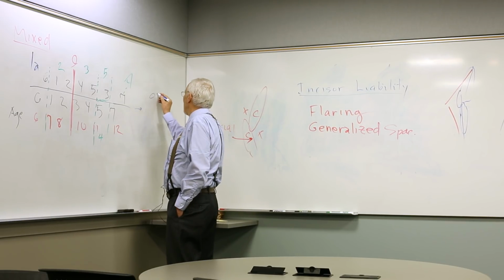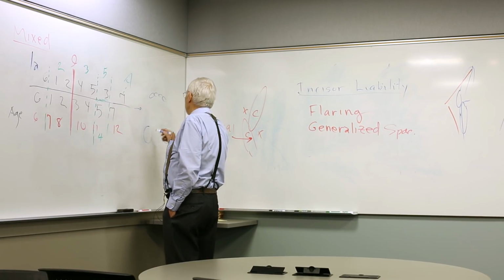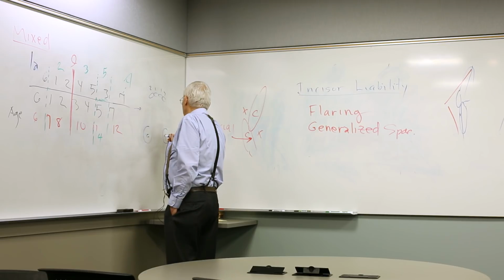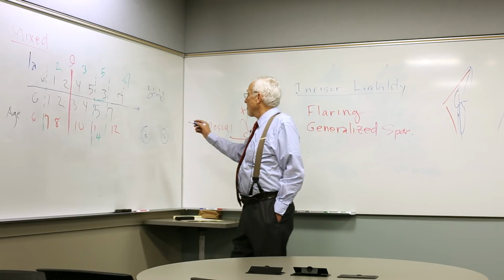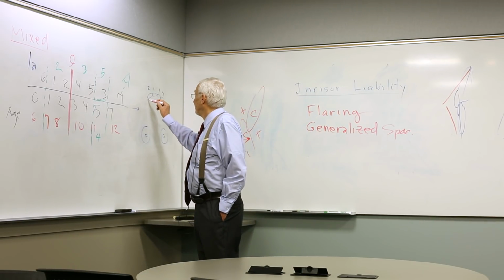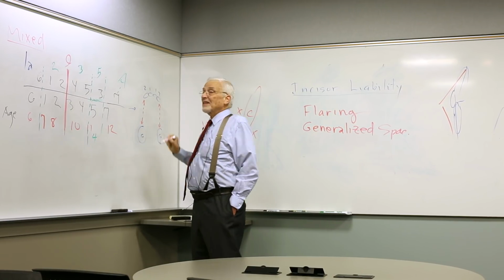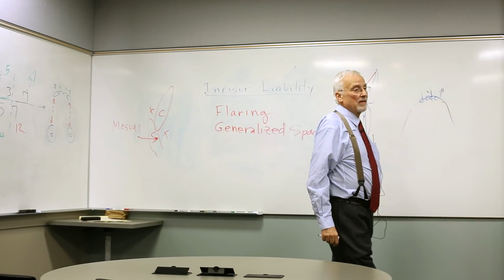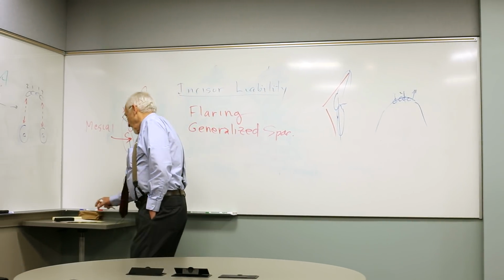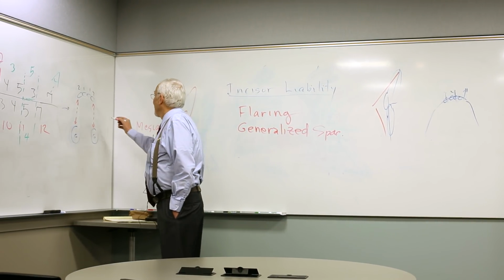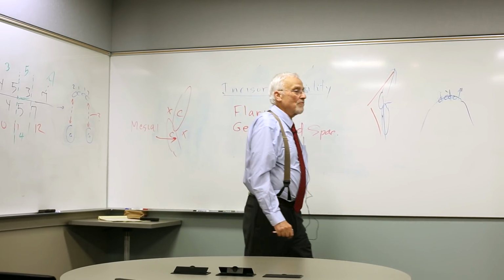We have that, and as I said before, that's the space that has to accommodate the permanent canines and premolars. That would be interesting to be able to predict. I will show you an easy way of doing it.